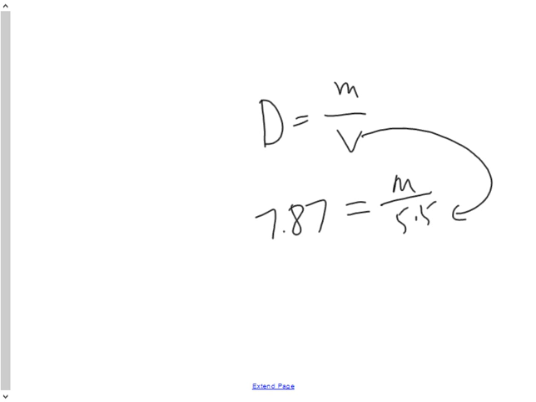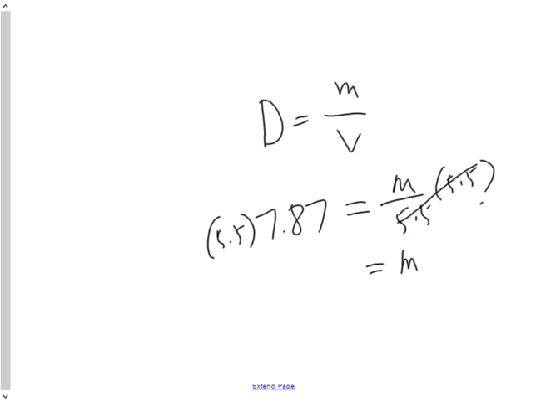So all I do is I substitute all that stuff in there. I'm going to multiply both sides by 5.5 to isolate for M, that's the mass, what I'm looking for.